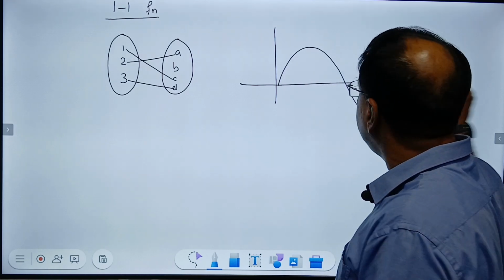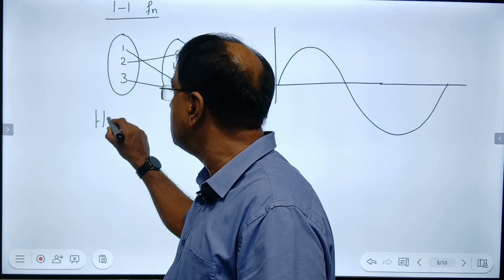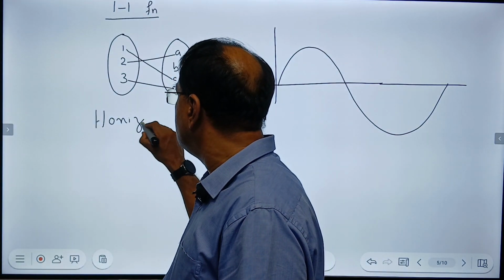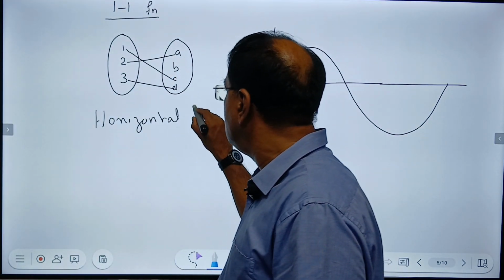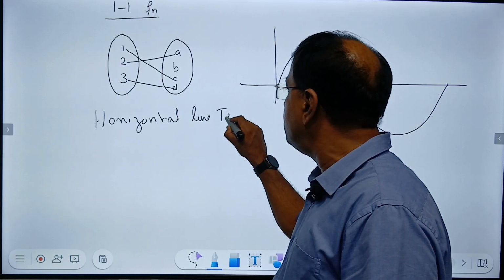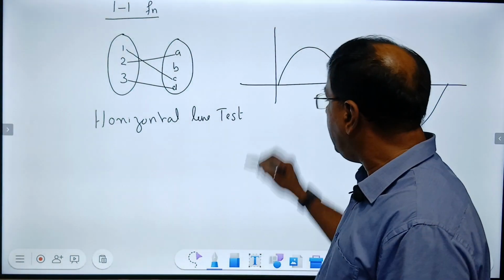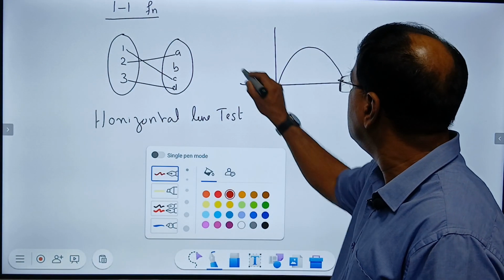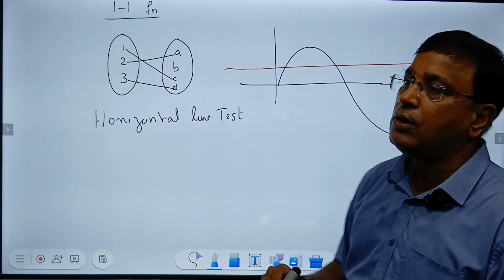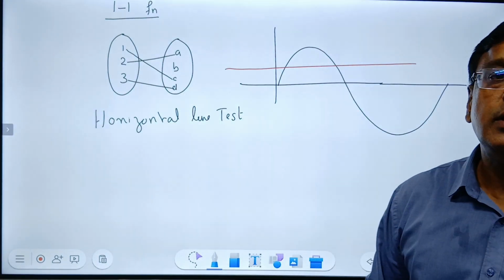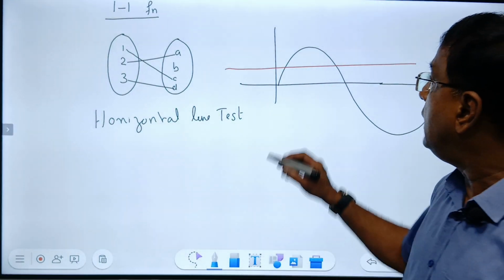Now there's something called the horizontal line test. What is the horizontal line test? If I draw a horizontal line, the horizontal line intersects the graph at 2 points.